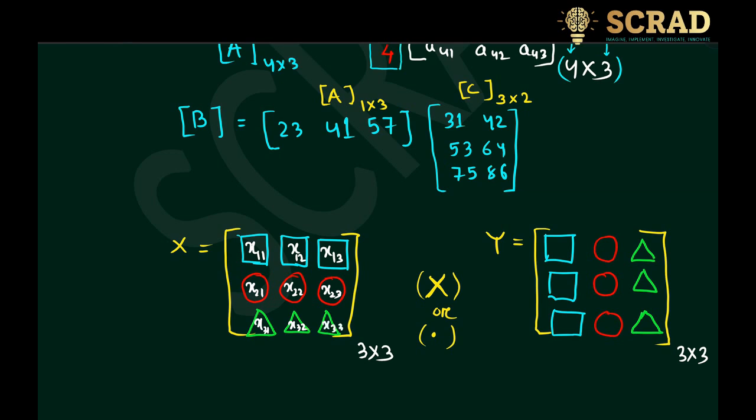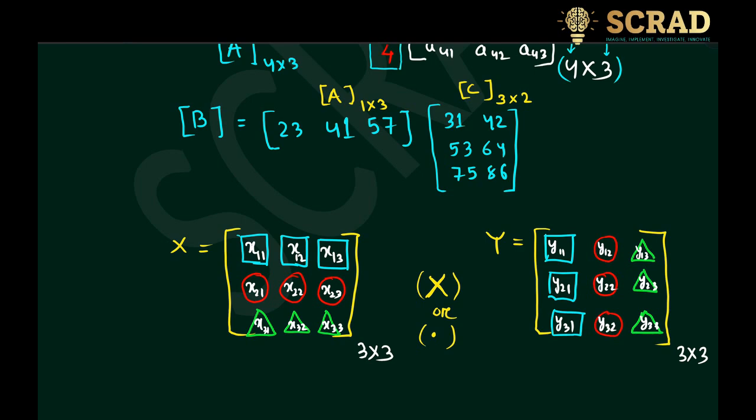Similarly, for Y: y 1 1, y 1 2, y 1 3, y 2 1, y 2 2, y 2 3, and y 3 1, y 3 2, y 3 3.